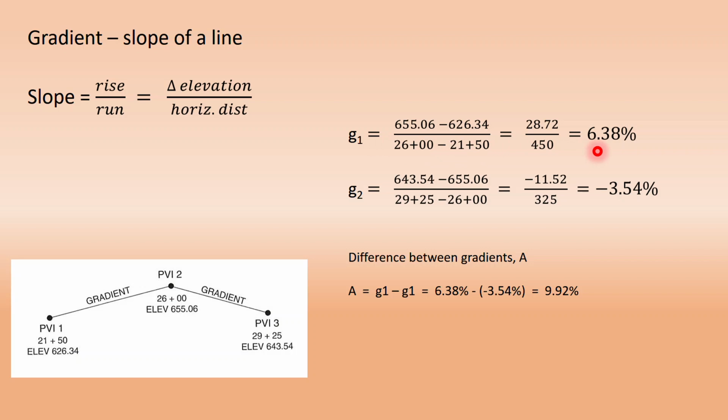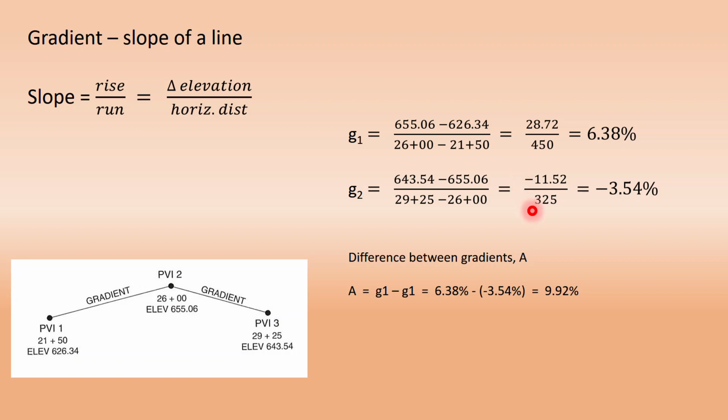And if you do that for this example, you're going to get a positive 6.38% slope. G2, the gradient line going out, is again difference in elevation over difference in stationing. This time we're descending in elevation, so we have a negative elevation change.